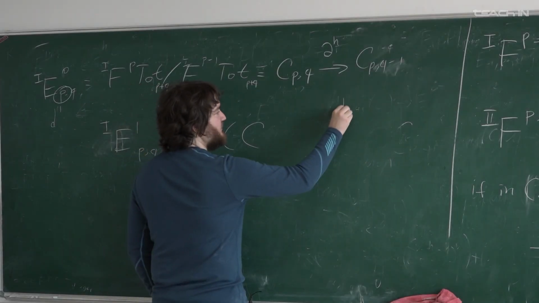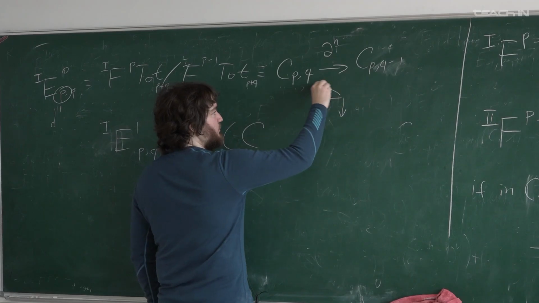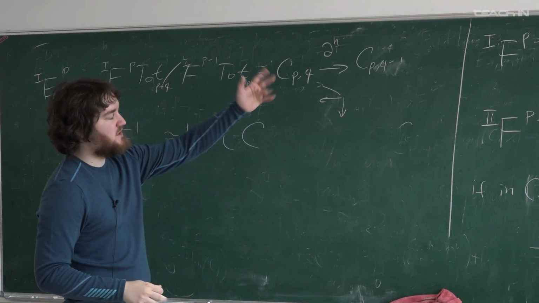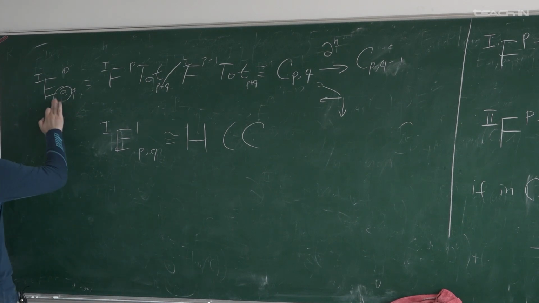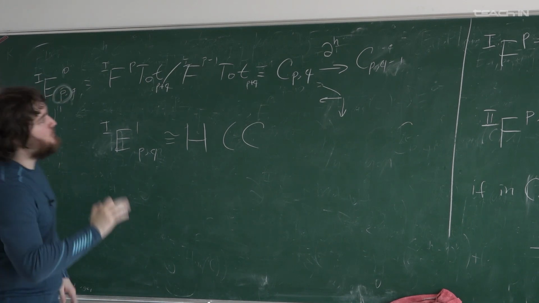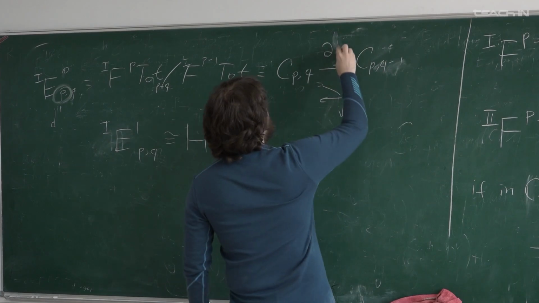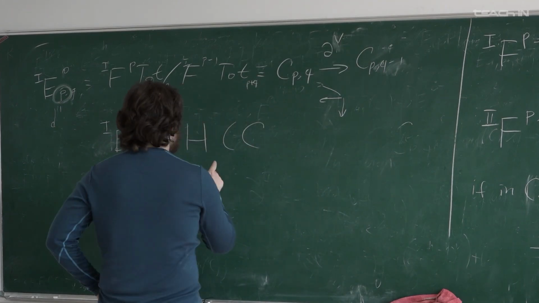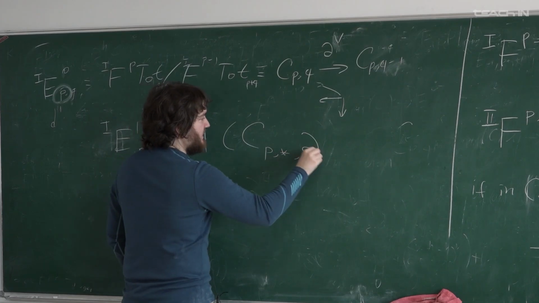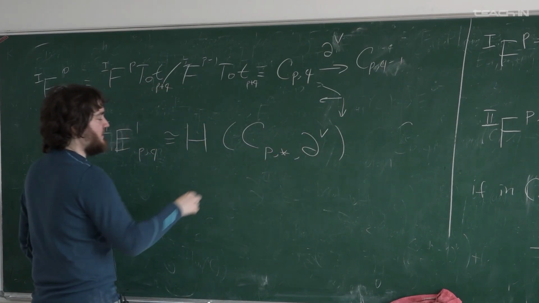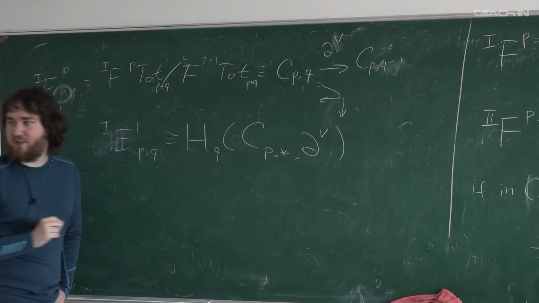The zero differential coincides with the second coordinate, so in fact it's our vertical differential. P is fixed, and we compute the vertical homology in the Q place.